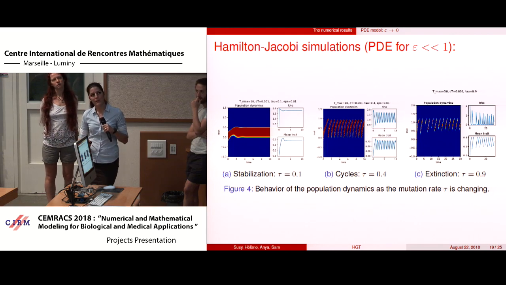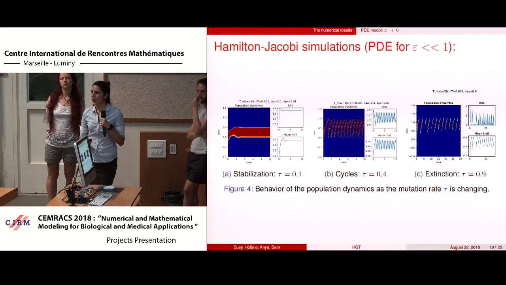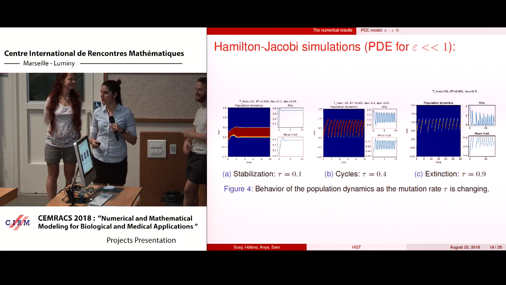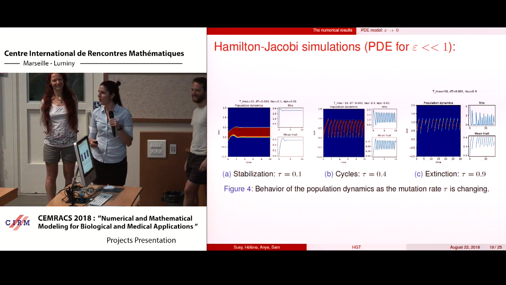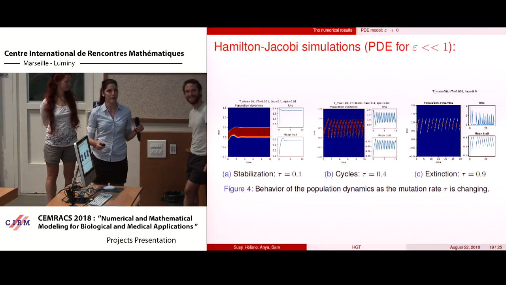It can be explained in the way that with this scheme, with this model, we are able to catch the phenomenon of evolutionary rescue, which I will let Sam explain a little about formally, what we can obtain.